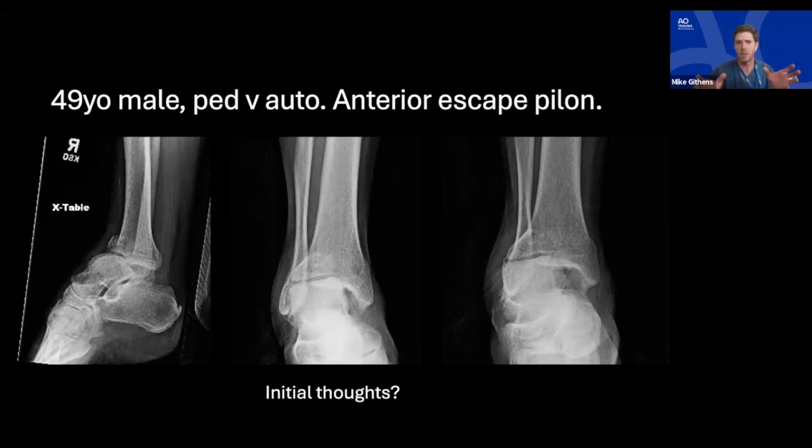And when you have good bone stock and you can recreate that and you can resist the deformity, we have a better chance of success. But when you look at something like this, it's a very small portion of the plafond that has seen all of the energy. So to me, these make me more sick to my stomach than some of the other Pilons for a couple of reasons that we're going to discuss. The other unique thing about this one in particular is if you look at all 3 of those images combined, the talus is completely in front of the fibula.